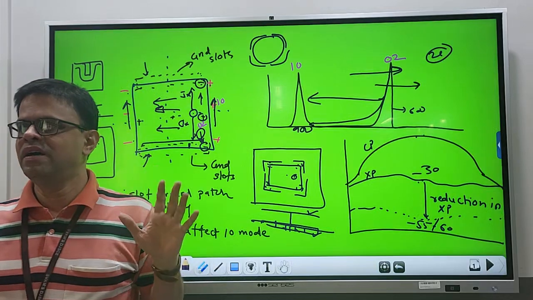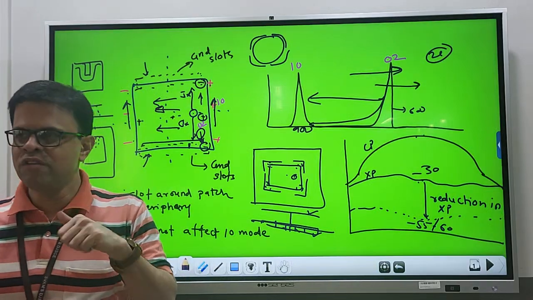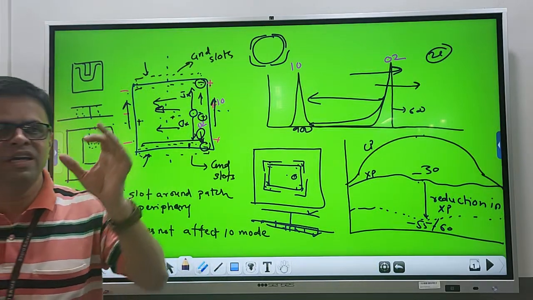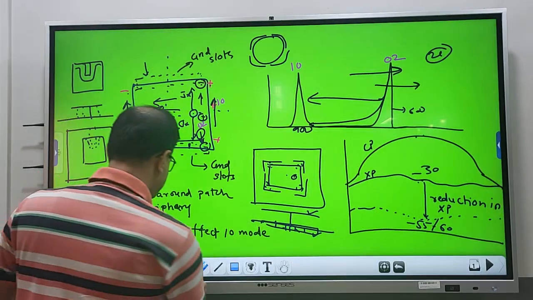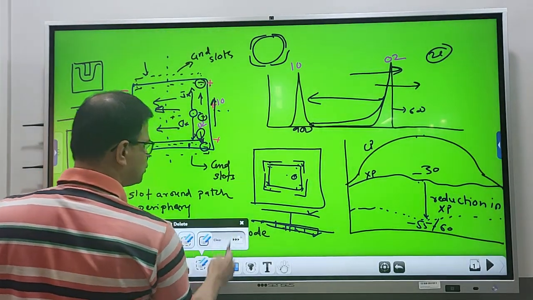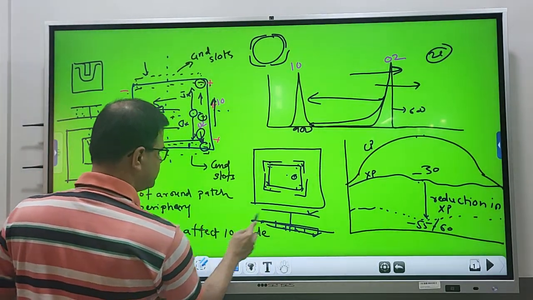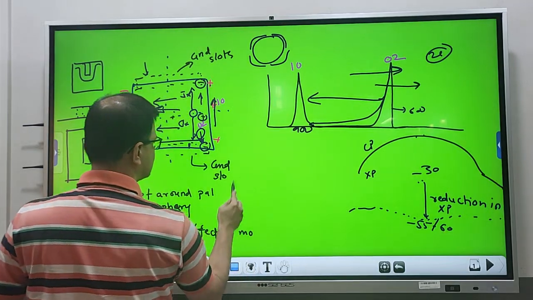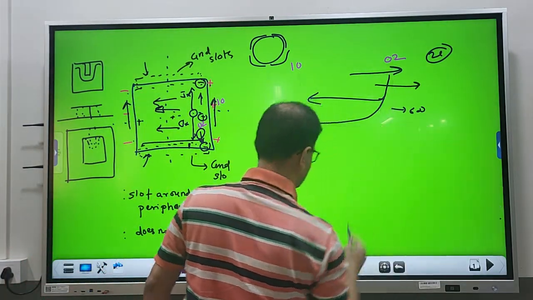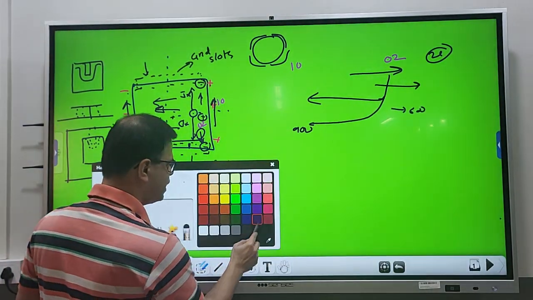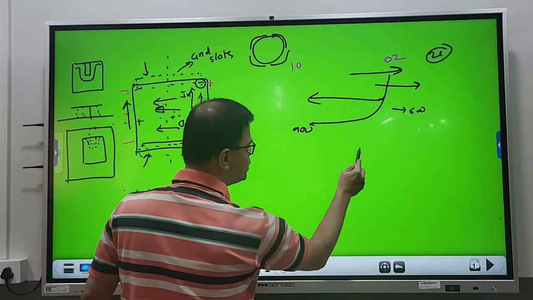One more technique which has been used for reduction in the cross-polar level is the shorting post. I will explain that technique first and then I will show you the pictures.